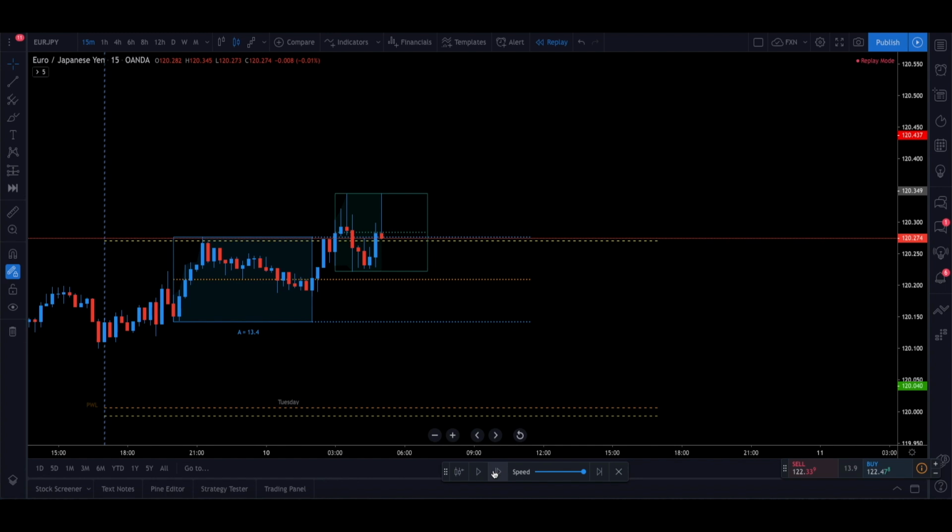You see that? Look. Here, a lot of people would have been like, hey, look, first leg is here, second leg is here. This is the type 2 setup, right? We're basically rejecting off of yesterday's high up here. And so this is going to be a type 2 setup. Okay, cool.